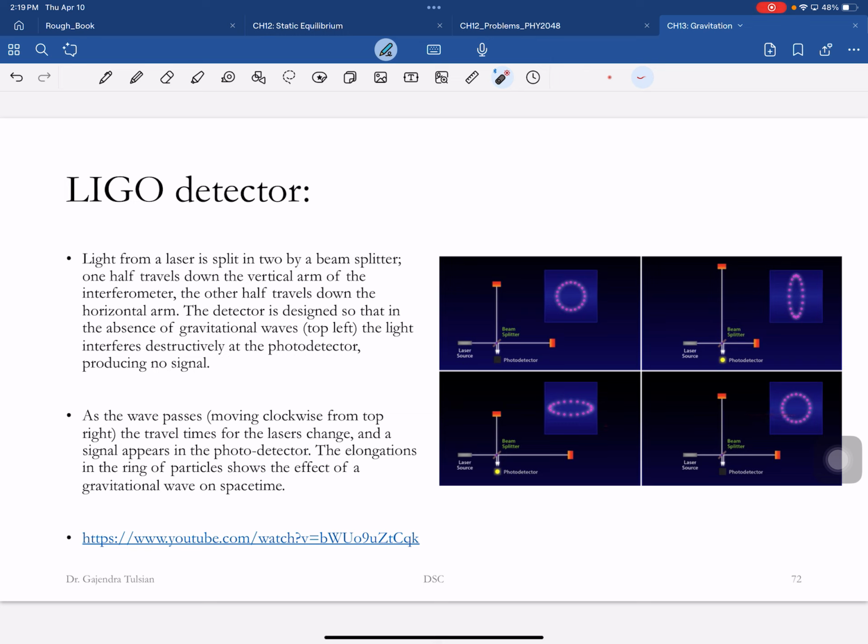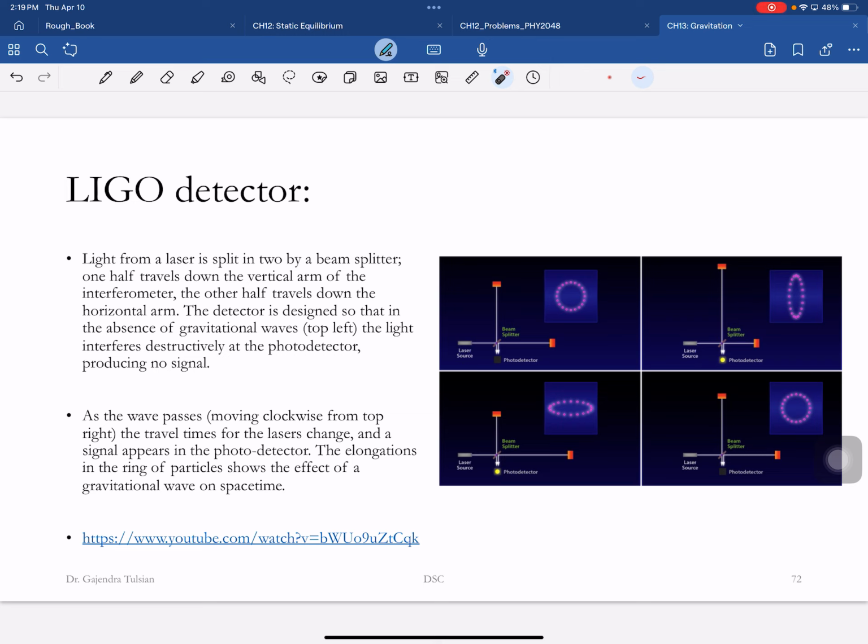So here was a circle, it becomes like that, and then elongates like that. That's what's happening as the gravitational wave passes by, and we are going to detect that.